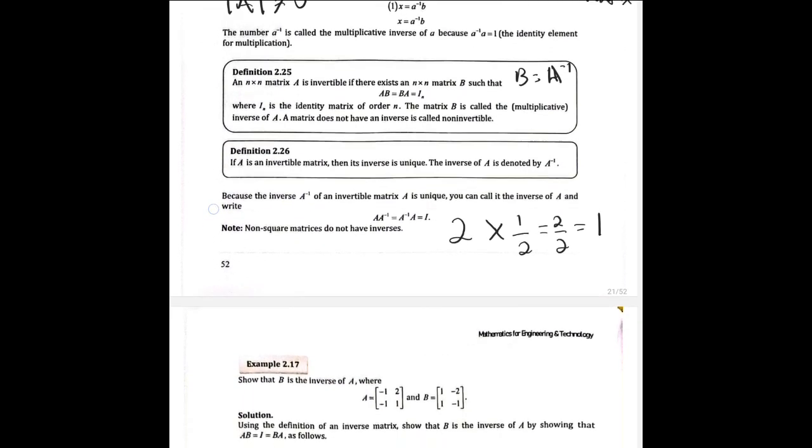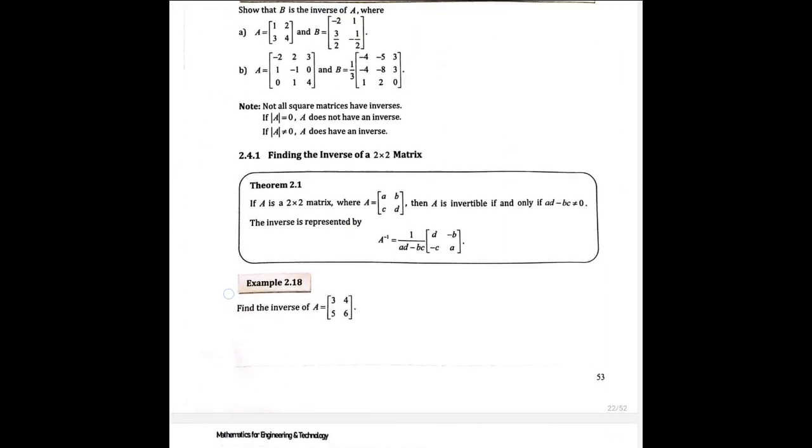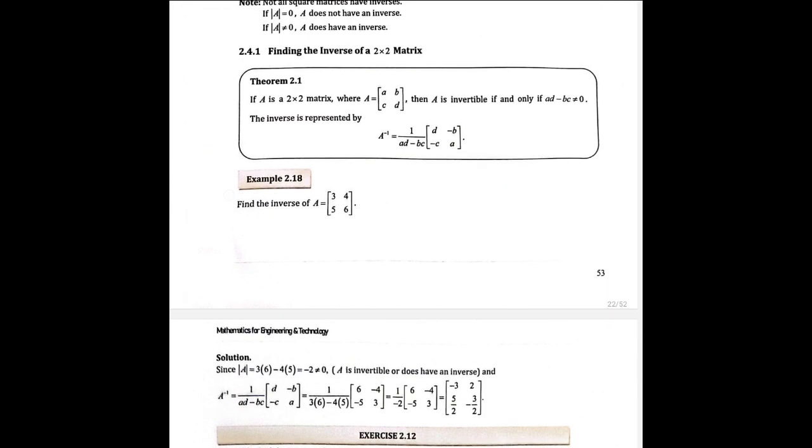Now let us start small. Let's discuss theorem 2.1. If A is in the form of this matrix [a, b; c, d], a 2 by 2 square matrix, then A is invertible if ad minus bc is not equal to 0.